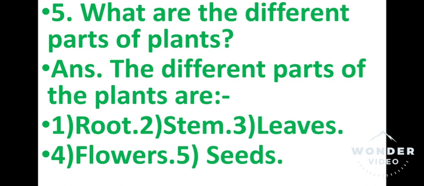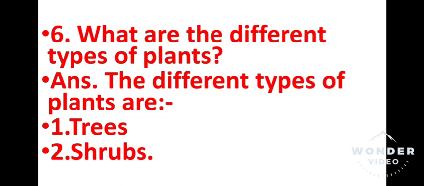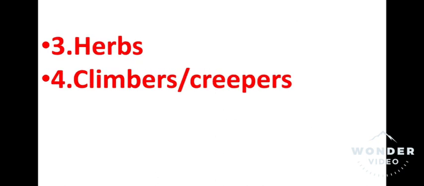Question number 5. What are the different parts of plants? The different parts of the plants are root, stem, leaves, flowers and seeds. What are the different types of plants? The different types of plants are trees, shrubs, herbs, climbers or creepers.